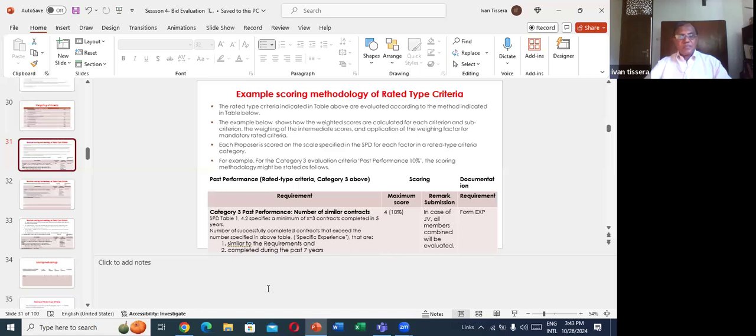Whatever, that all depends on the document. Don't worry about that. The maximum score they have given is 4 out of 10. Ten is for the entire performance, 4 is for number of completed contracts.